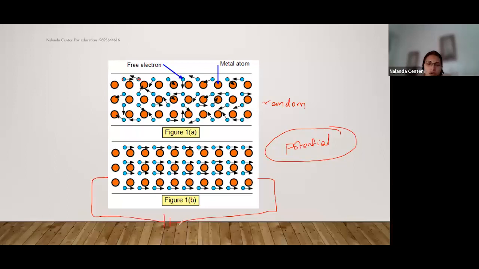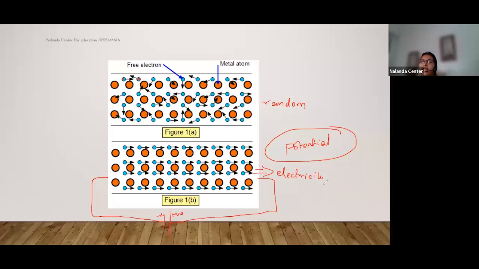The electrons are going to flow towards the positive side. I have made this bigger in order to indicate that this is positive and this is negative. The electrons will start flowing towards the positive side. Now, this particular scenario generates electricity.